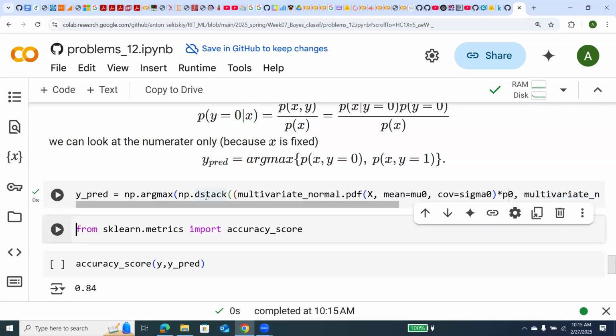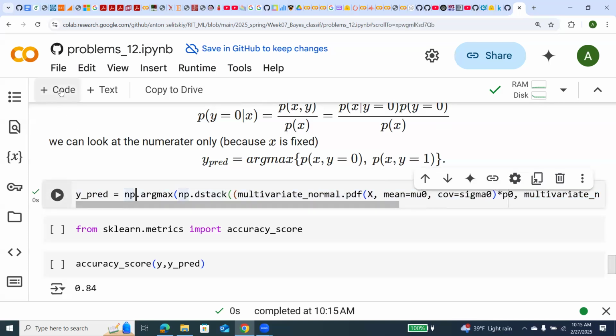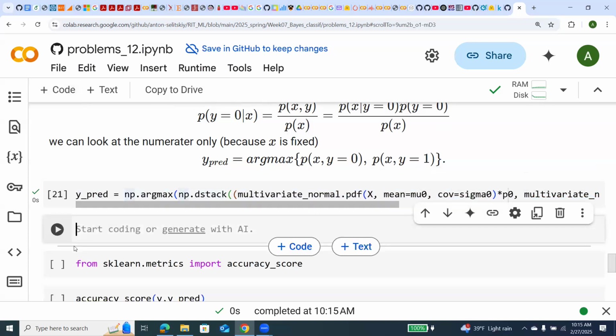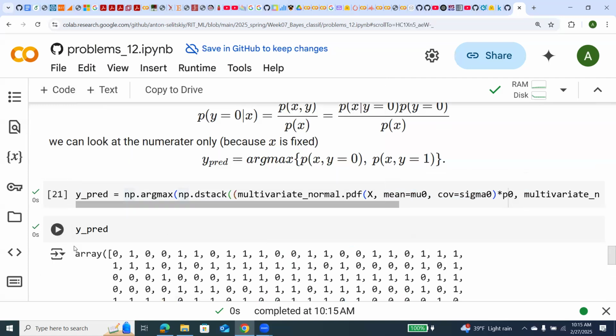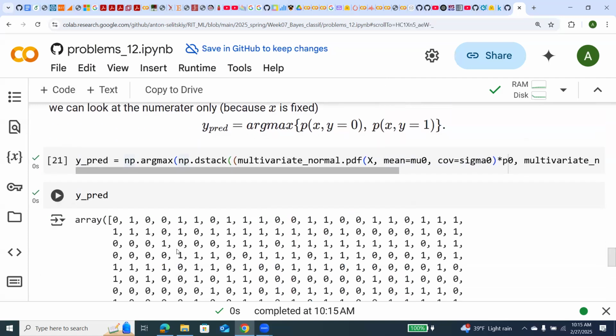So the predictions look as follows: zeros and ones depending on which of these two probabilities was the greatest. Well, it's not actually probabilities, these are numerators, unnormalized probabilities.